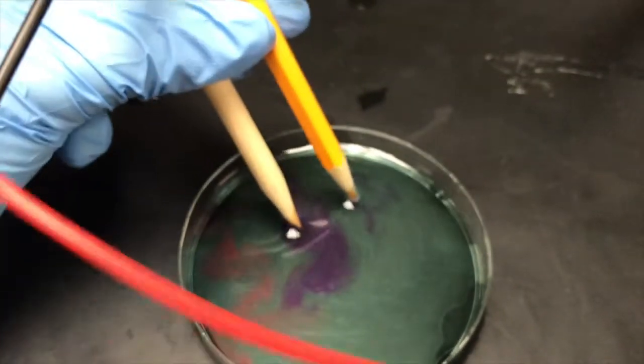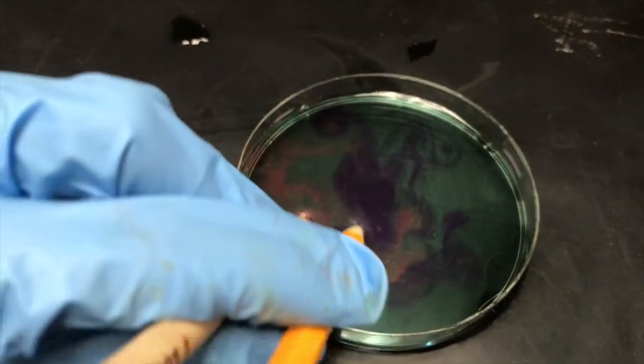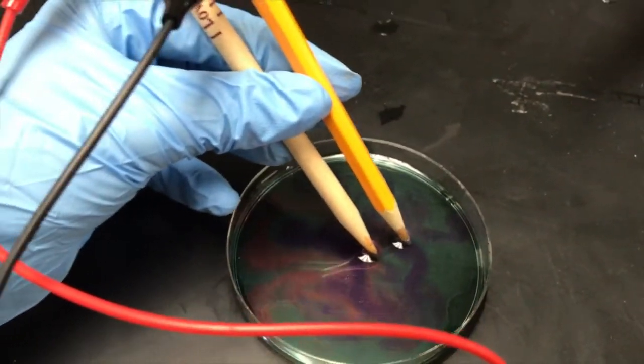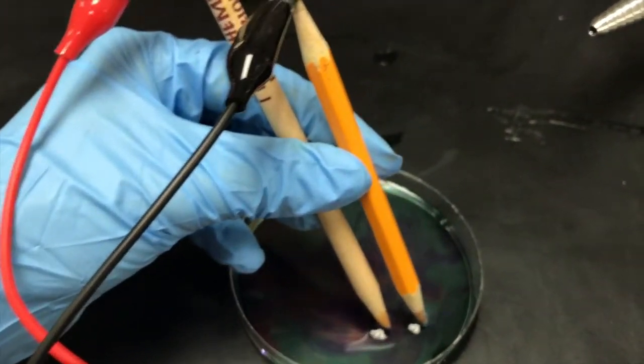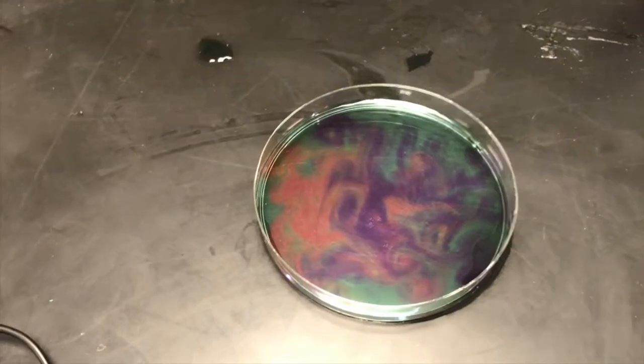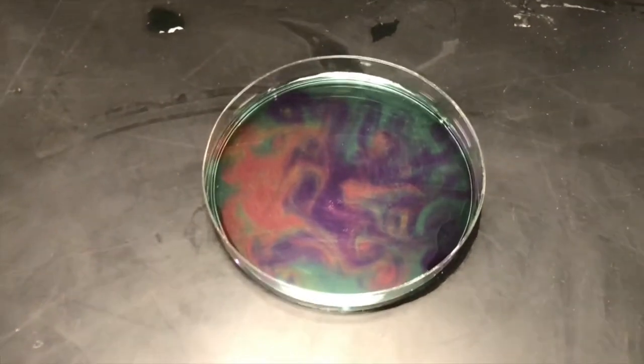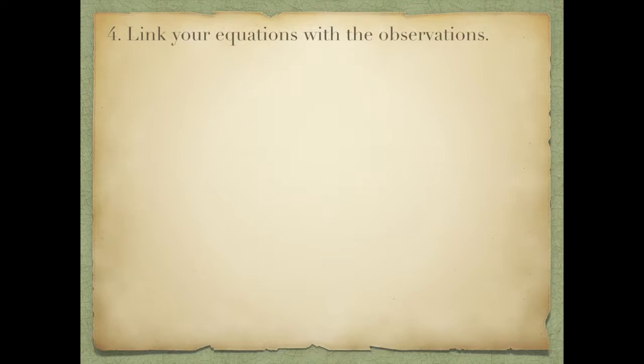So you can even make some cool designs with it. Pretty cool, huh? Okay, so you're going to be doing this in lab with different solutions. You're going to be causing the electrolysis of different solutions and having to figure out what is actually reacting. So now that you've actually seen the reaction, we need to link our equations with our observations.